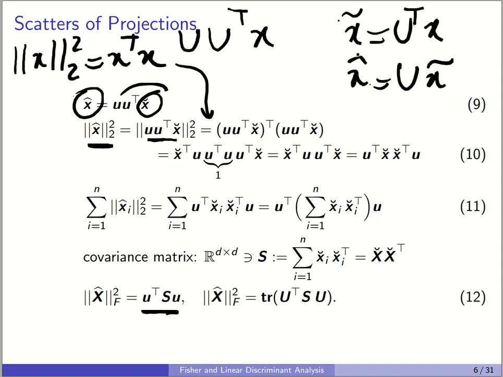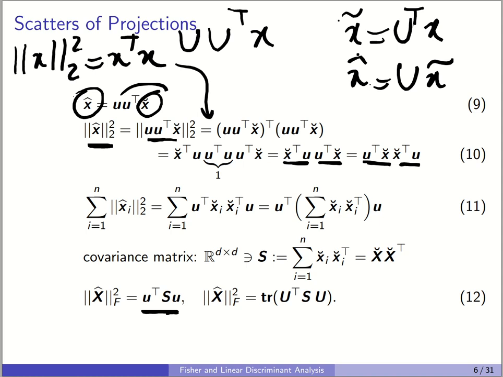However, when we apply the transpose, the order is reversed. So it's X breve transpose U transpose U transpose X breve. And as the projection matrix is an orthogonal matrix, or in other words, the projection directions are orthonormal, U transpose U is 1. So we will have these two, and as these two are scalars, in multiplication of scalars we can change the order. We change the order and we'll have this.